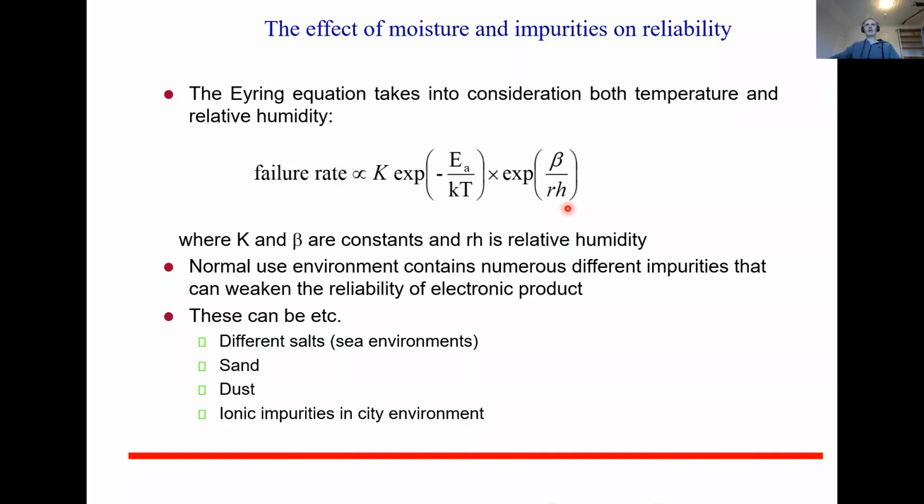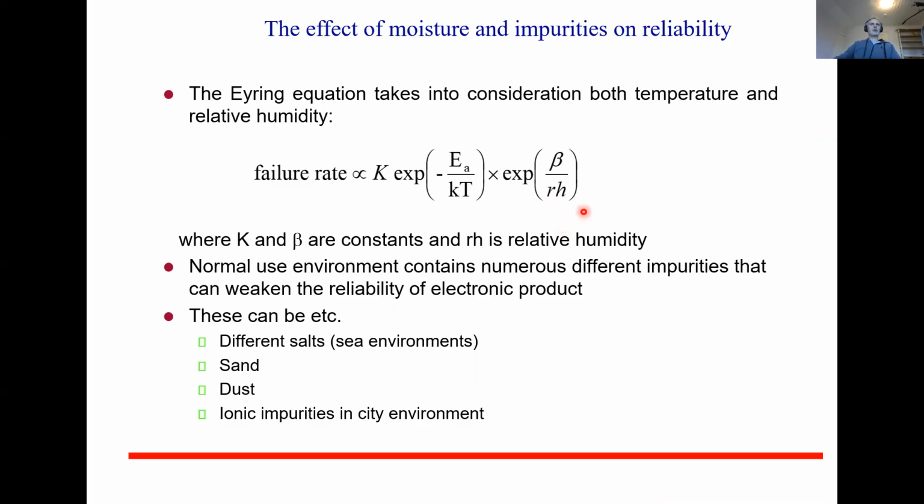And then they become really complex, and they might be valid only for certain specific conditions, because they are typically analytical equations, which are not really based on any physics of failure, because electrochemistry is way too complex that you could really start from that in normal use conditions where you have different amounts of different types of impurities.